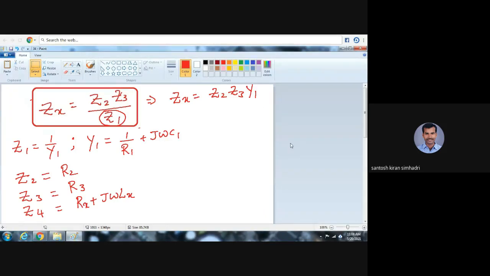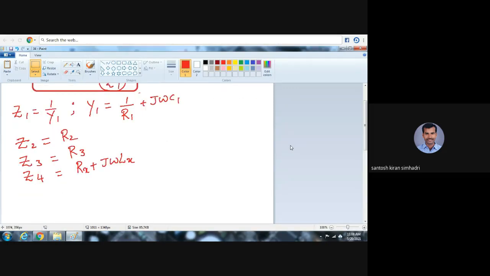Everyone, please remember all these expressions. Now Z2 equal to R2. I will write down one by one. What is the Zx value? Z4 is nothing but Zx. Zx is written as Rx plus J omega Lx equal to Z2, which is R2, and Z3, which is R3.